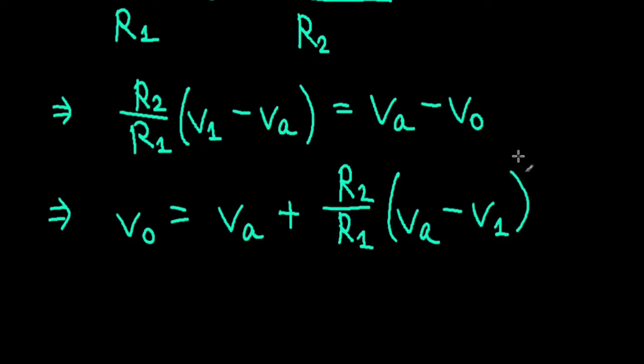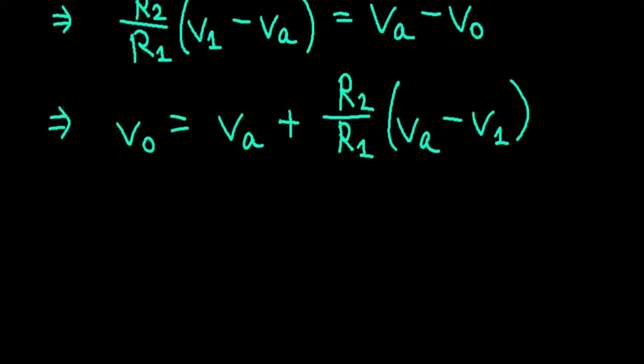I hope this is clear. I just negated both sides first and then added V sub A. Here you'll get V output minus V sub A after negation, and then we just add V sub A to get our output voltage.